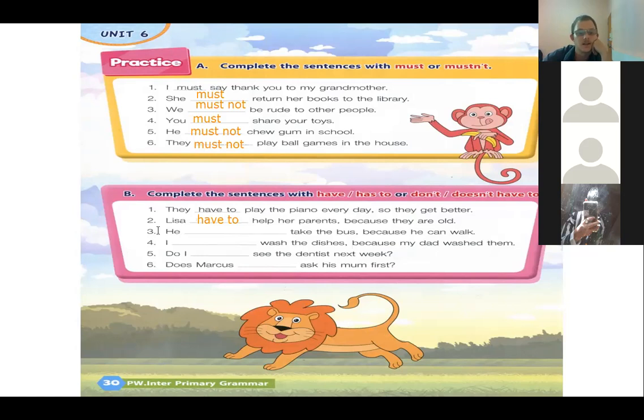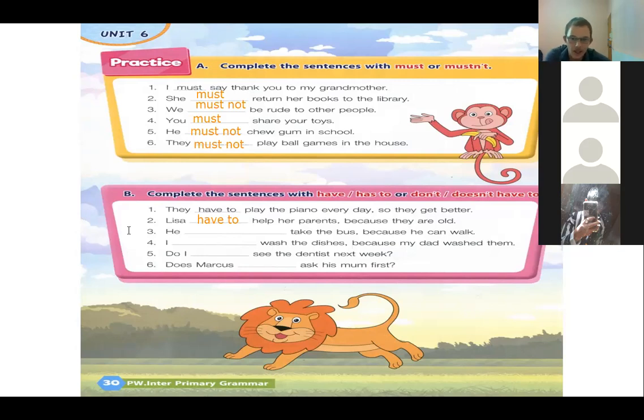What do we think? Number 3. He blank take the bus because he can walk. He has to, doesn't, don't have to.